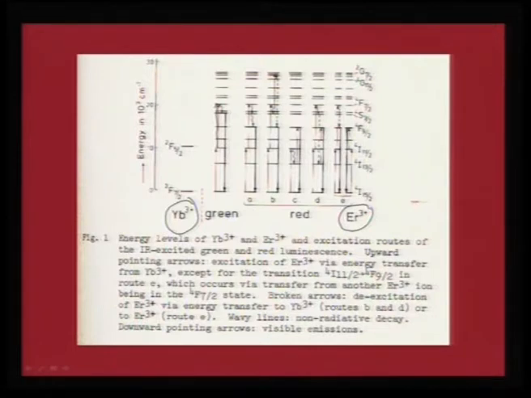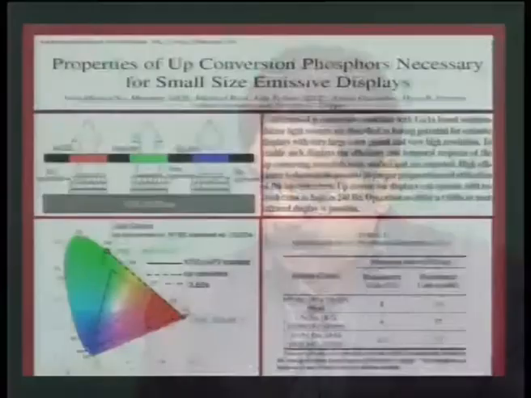As a result, the emission that we see here from F4 9/2 to 4I 15/2 is nothing but your red light emission, and this is engineered by the doping of both ytterbium and erbium as activator and co-activator.